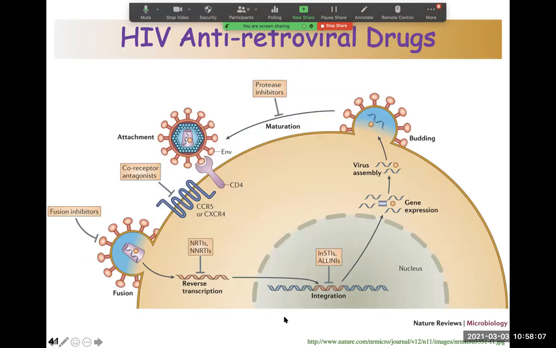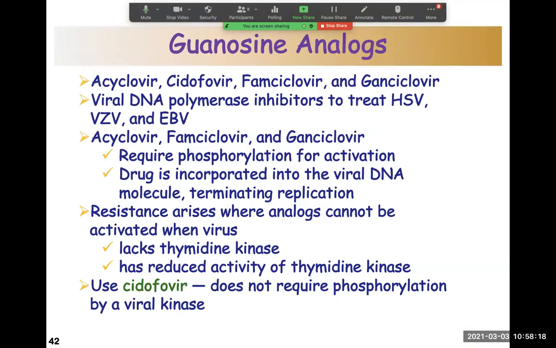So you have all kinds of antiviral drugs, and often resistance comes from using a single drug, so you use multiple drugs, which is HAART treatment, a multi-drug treatment.